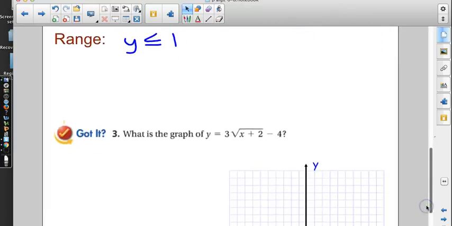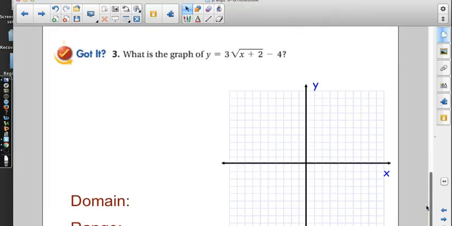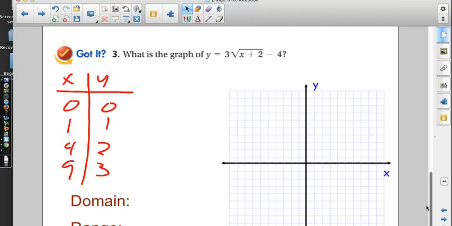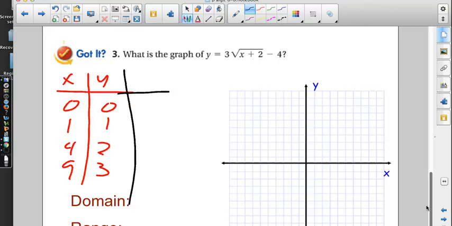Alrighty. Different a value, but at least it's not a fraction, right? In order to get my shape graph, what do I have to do to these values?